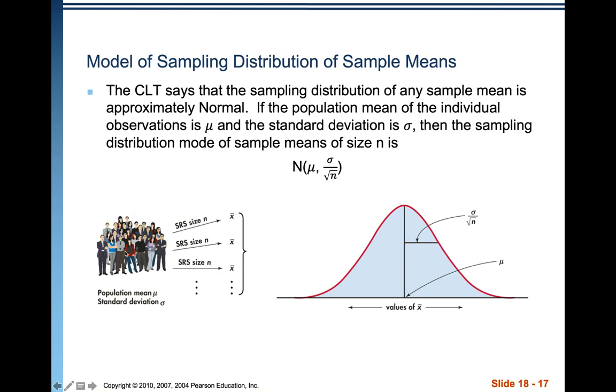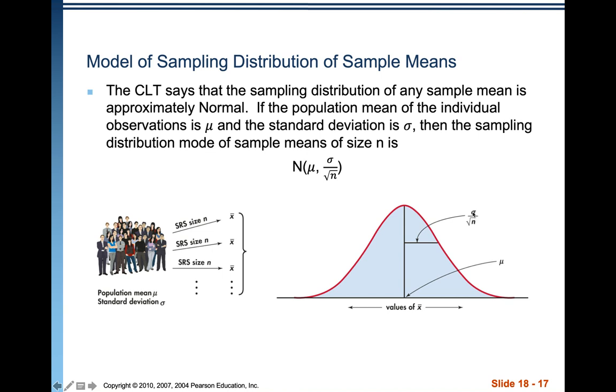Well, this original population has a population mean and a population standard deviation. The distribution of those sample means, of the averages, is going to have less variability than the distribution of the original population. And so the way we adjust for that is that you take the original population standard deviation and you divide by the square root of your sample size.